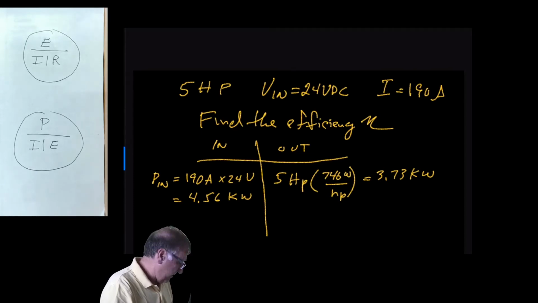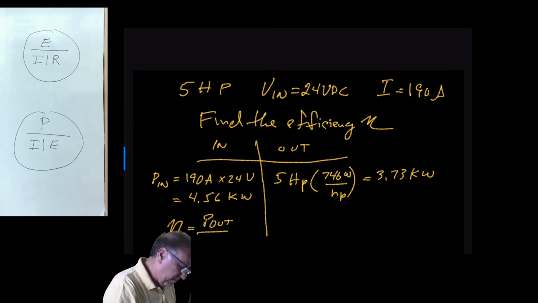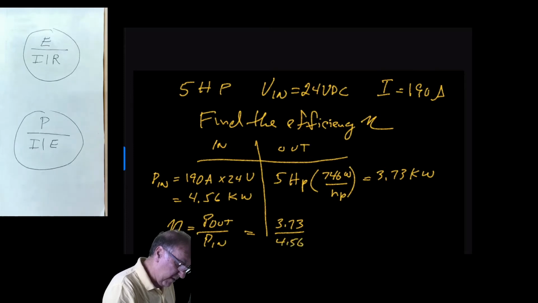So if we go to calculate our efficiency, its efficiency is P out over P in, 3.73 kilowatts over input power of 4.56 kilowatts, and that equals 82%.